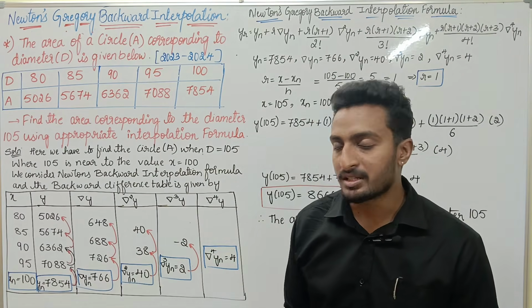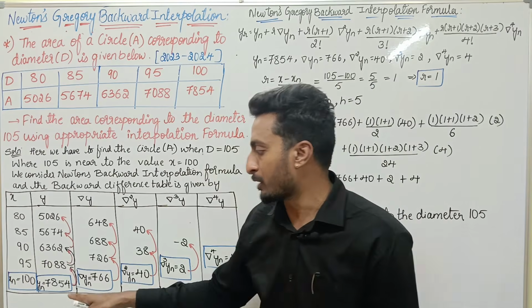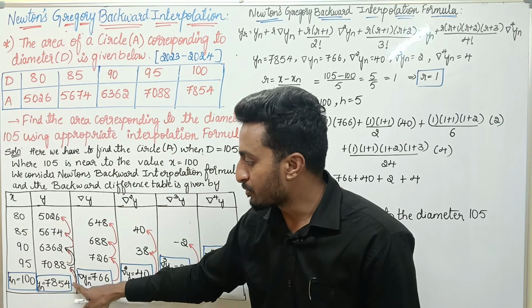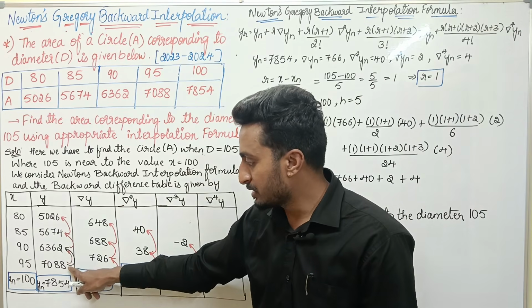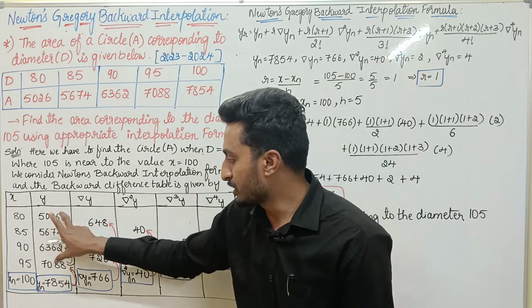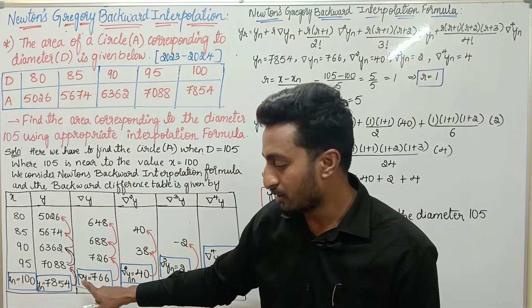In this table we consider the last element as yn, subtracting yn minus 1 and so on. Whatever value you get, we represent it, and the last value is backward of yn.